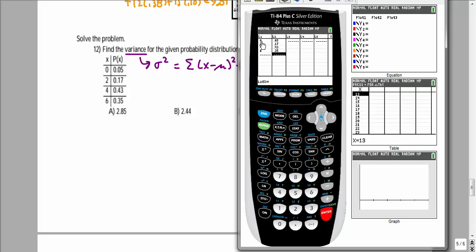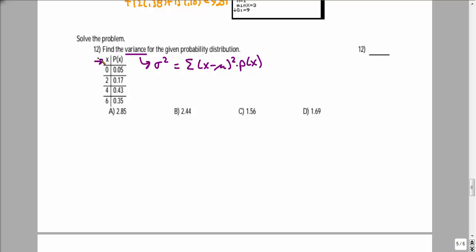Okay, so notice for each value in L1, that's my X, and for P of X, that's my L2. So this is L1, and this is L2. Now we're going to do the same thing that we did last time.